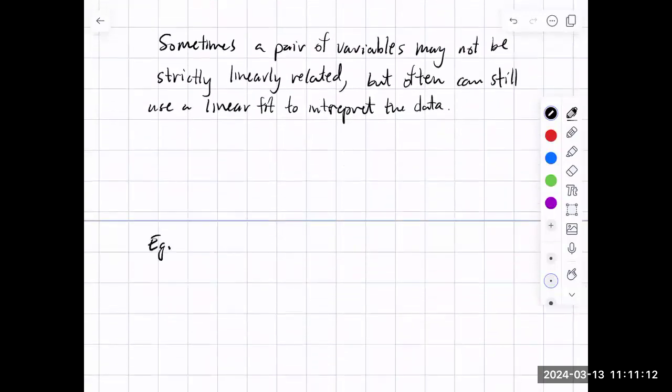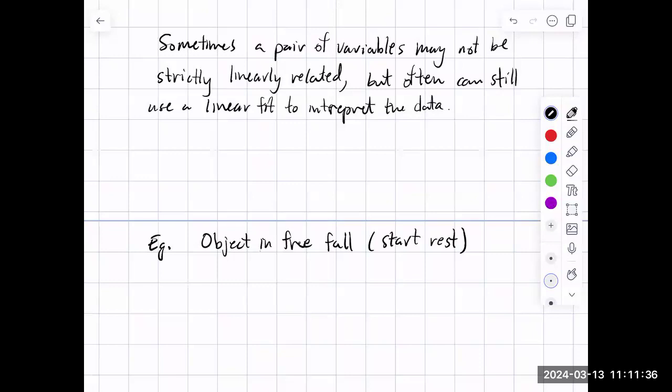It'll be another free fall example. So objects in free fall, and let's assume that this time it starts from rest. Okay, so we're going to take some object, it starts from rest, and we're just going to release it.